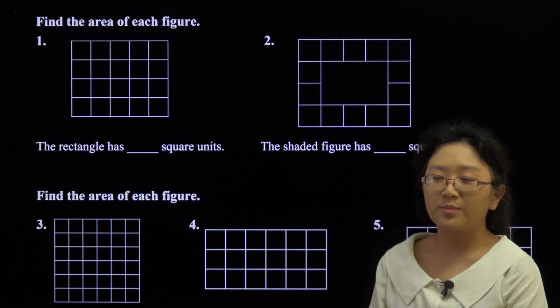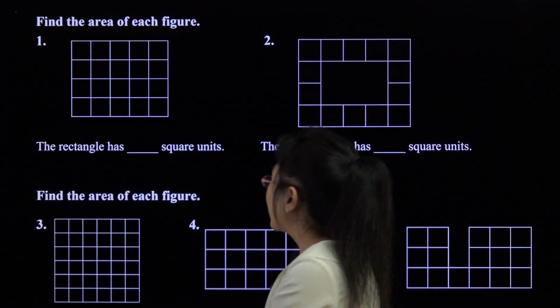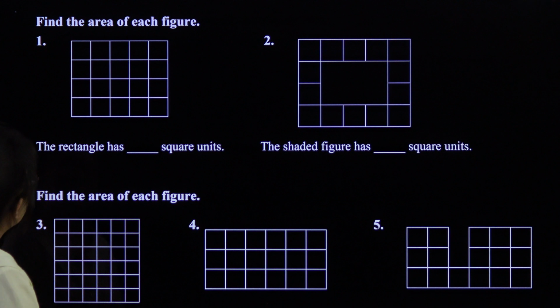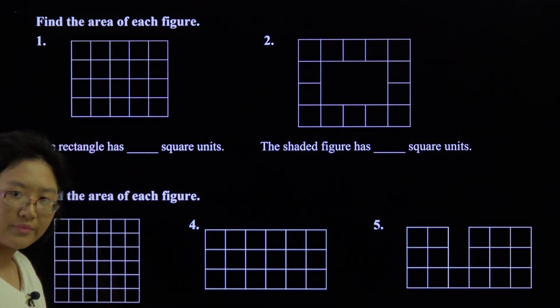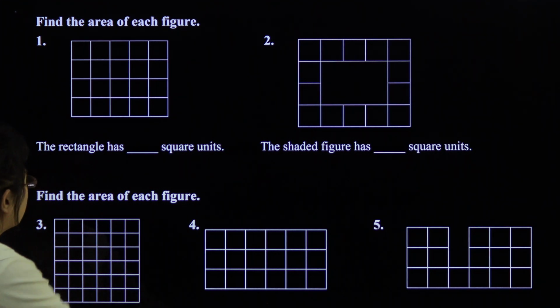Moving on to some practice problems, we have find the area of each figure. The rectangle has blah square units, while there's 4 units over here and 5 units over here. Now what does this look like? Suspiciously, it looks like multiplication. So 4 times 5 is equal to 20.